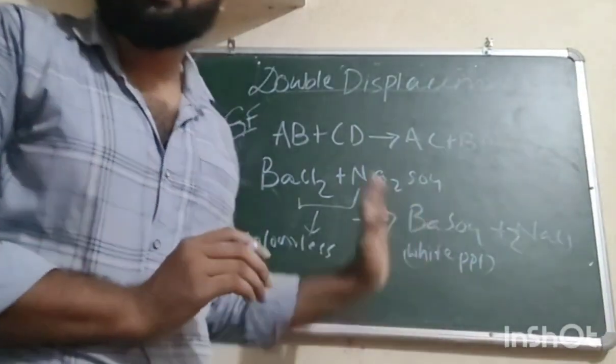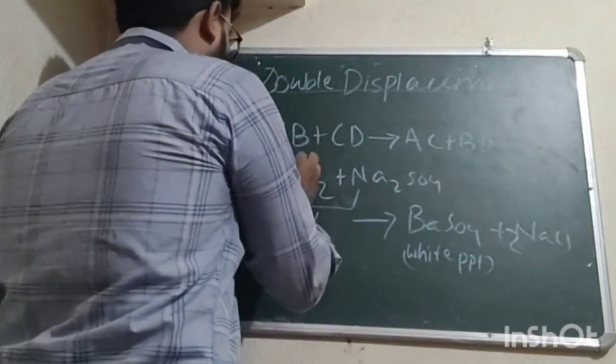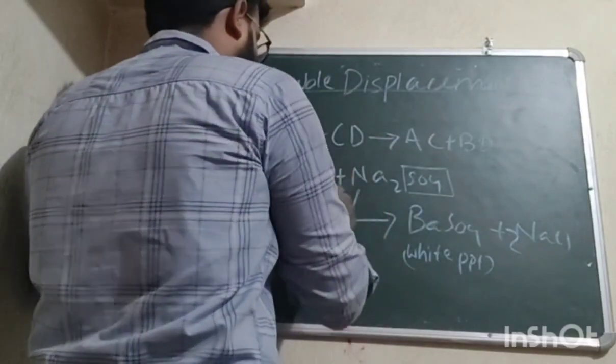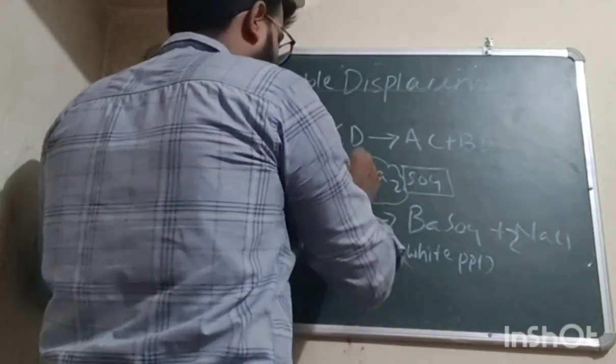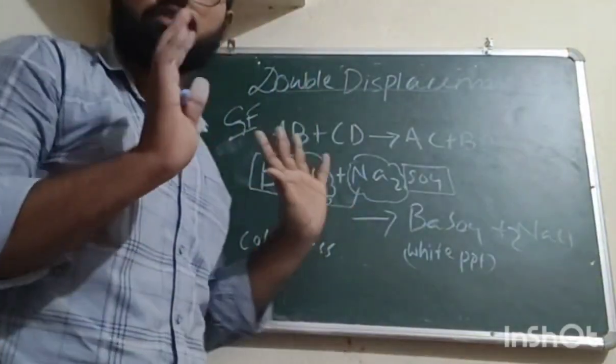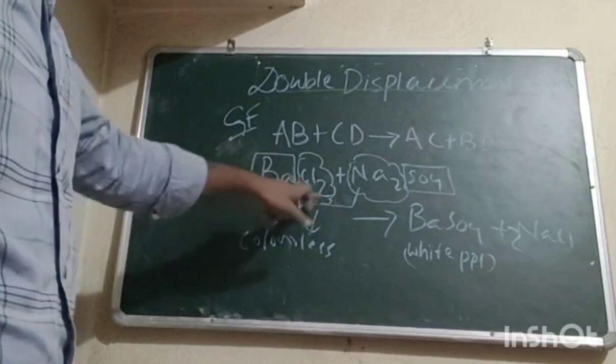Now how do we write this? This one goes with this and this one goes with this. This is an important reaction. You have to remember this: BaCl2 plus Na2SO4.